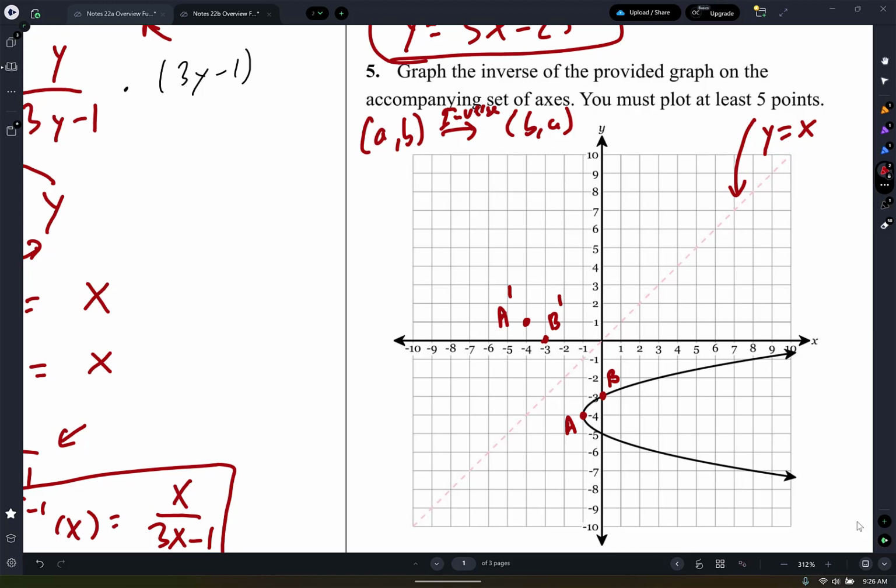Do you see how I'm doing it, guys? I'm going to choose another point. I see (3, -2). I'm going to call that C. So now go (-2, 3). That's point C prime. Another point: I see (8, -1). So (-1, 8).